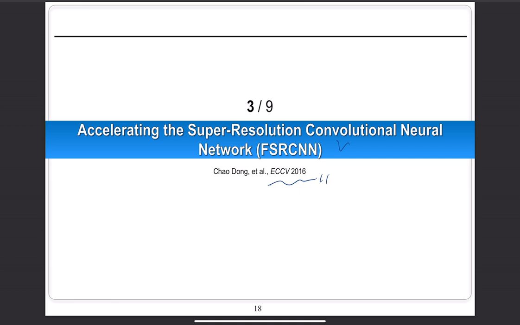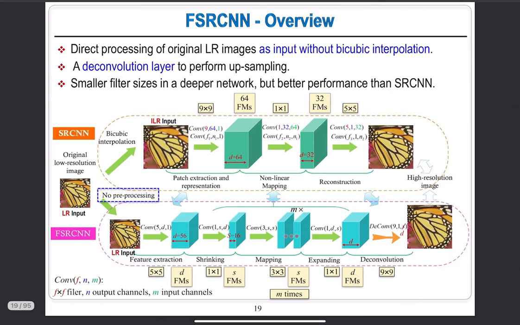Instead, it utilizes a learned deconvolution, or transposed convolution layer, at the end to perform upsampling. This makes the proposed network both faster and much more accurate than SRCNN, especially for real-time applications.